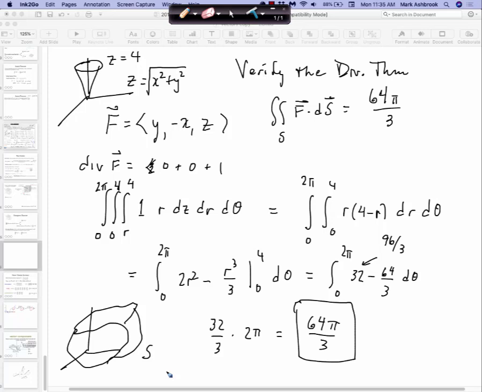So using the divergence theorem would mean do this. Do the triple integral instead. Do the triple integral of the divergence by the divergence theorem. That's equivalent to the flux through S.